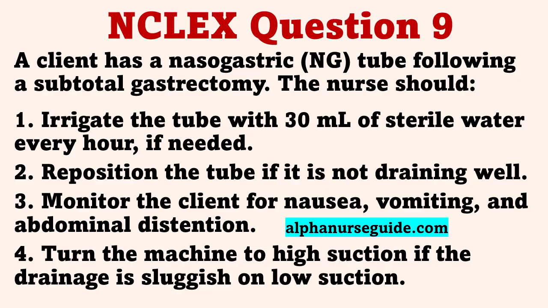In addition, a physician's prescription is needed to irrigate the NG tube because this procedure could disrupt the suture line. After gastric surgery, only the surgeon repositions the NG tube because of the danger of rupturing or dislodging the suture line. The amount of suction varies with the type of tube used and is prescribed by the physician. High suction may create too much tension on the gastric suture line.